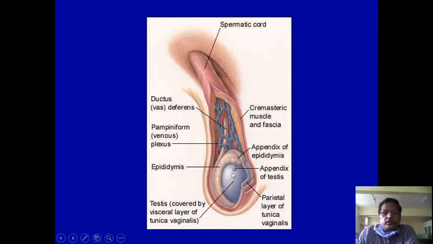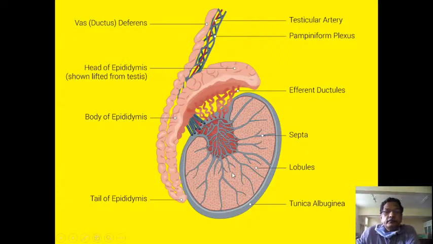And coming to the testicular structure itself, the testis is covered by a thick, tough outer covering. We call it tunica albuginea. Within the tunica albuginea, there are seminiferous tubules, and they are compartmentalized by septae.